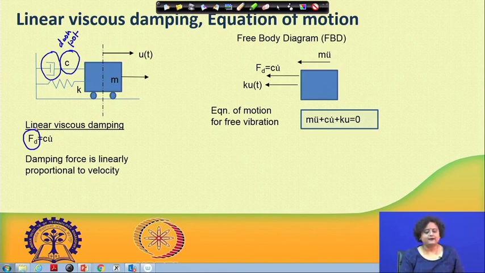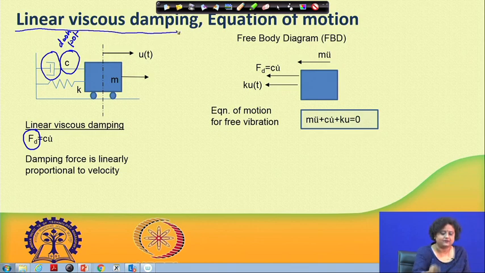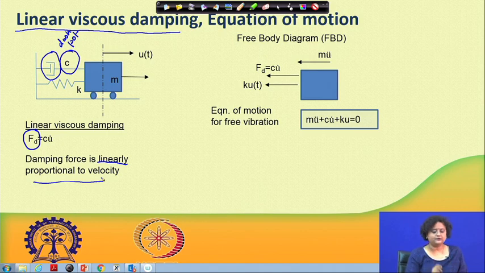There are various models of damping. We will talk about them later in the lecture, but let us start with the simplest form of damping, which is linear viscous damping. What do we do in linear viscous damping? We say that the damping force is linearly proportional to the velocity of the system.